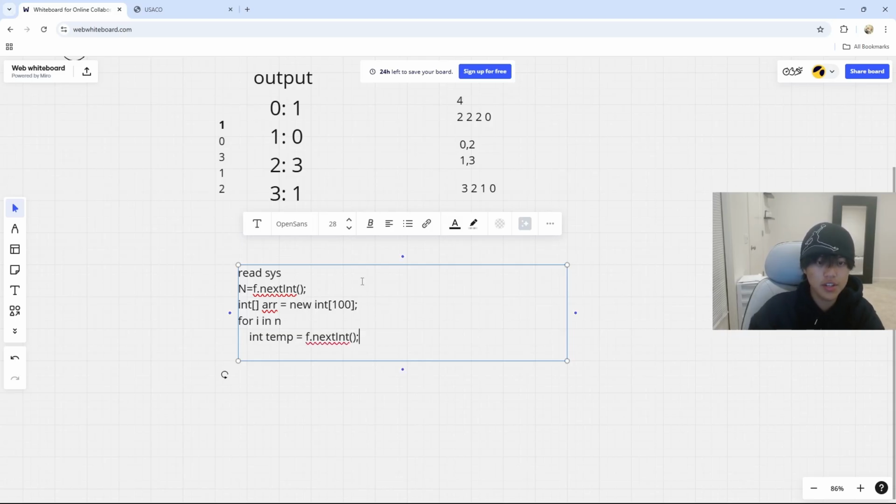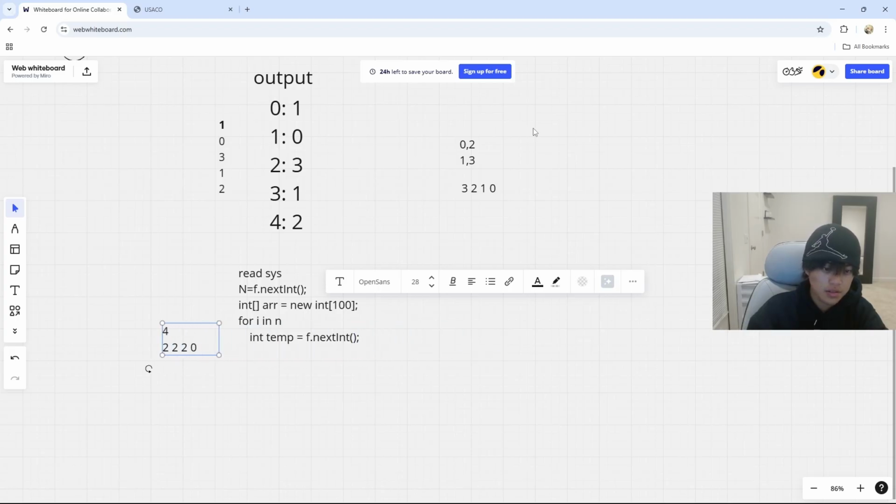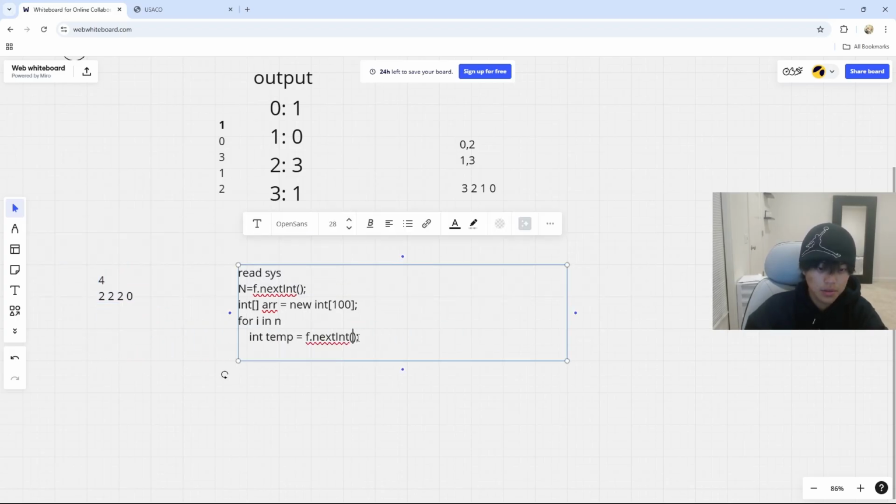Here's our input. In the first iteration of I or n, we would get 2 being temp. And again, like I said, the index of the array is the number and its value is the quantity. So at index 2, we're going to add a value, right?